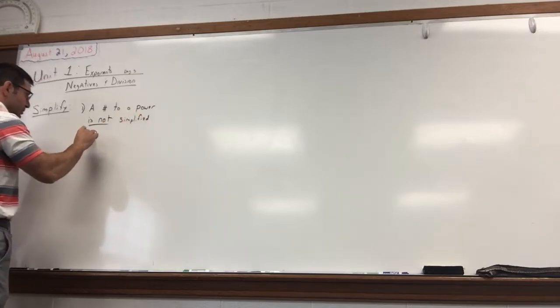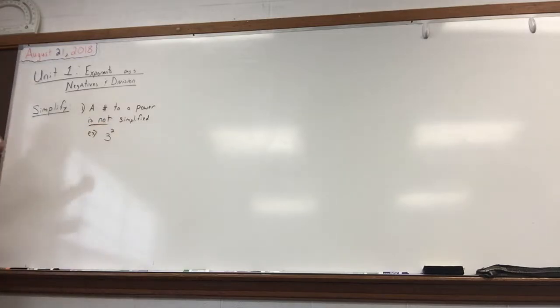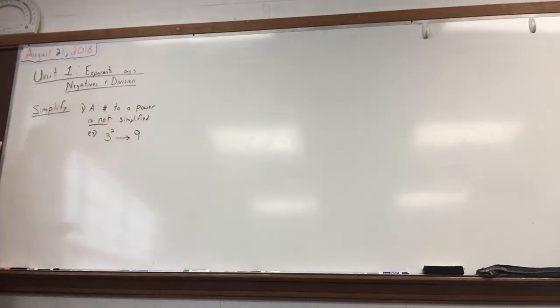So an example, if I give you 3 squared, this is not simplified. So if I ask you on a quiz to simplify and you leave me 3 squared, that is wrong. It would need to be 9.